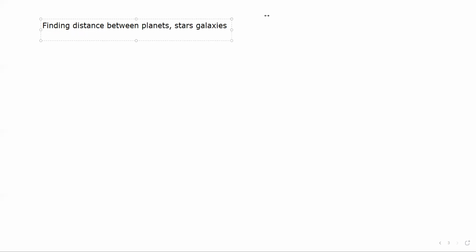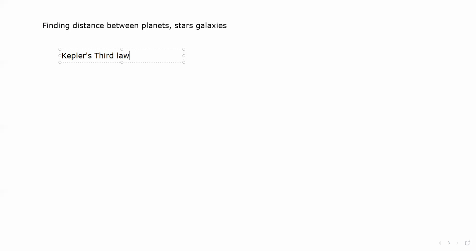We can use Kepler's third law. Kepler's laws are about the motion of these astronomical objects.